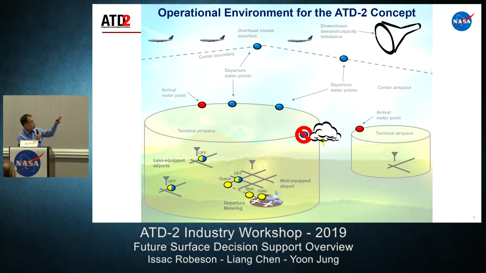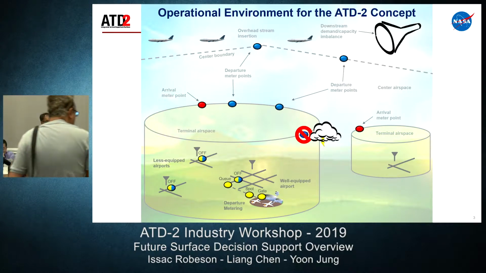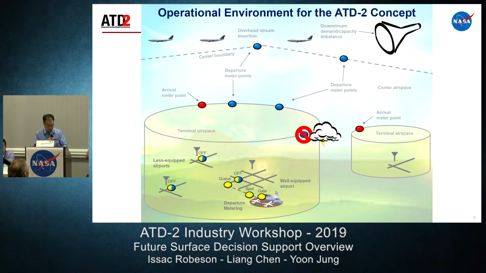The next layer is the constraints layer. The funnel on the upper side represents the imbalance between capacity and demand in downstream airspace. That will impose some restrictions or constraints on terminal airspace as well as airports all the way down. The thunder cloud at the boundary of terminal airspace represents weather activity which may close multiple departure fixes, so that flights have to reroute to other departure fixes and things like that.